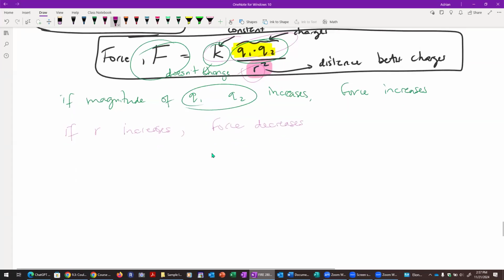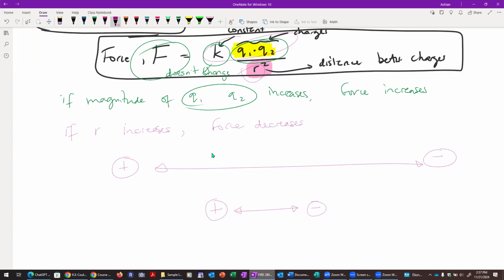So for example, if I have a charge over here and a charge over on this side, there's a fairly big distance between them. Okay, so R there is fairly large. The denominator being large means the force of attraction here will be small. If I have those same charges that are a lot closer together, now the distance is less between them. So if the denominator decreases, then your force of attraction is going to increase.